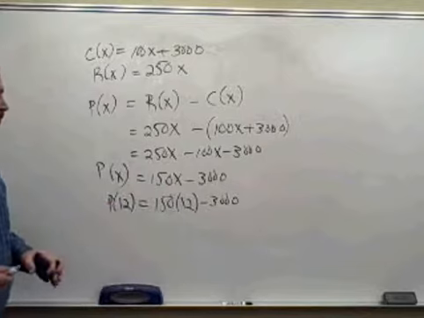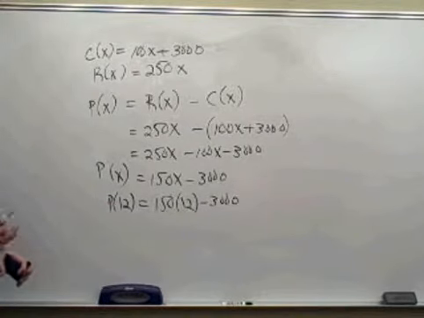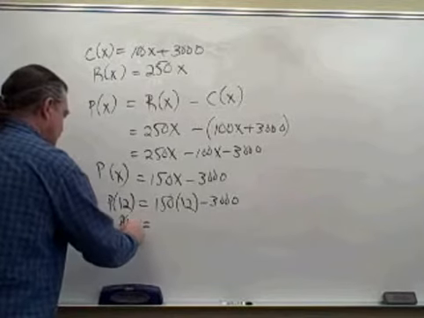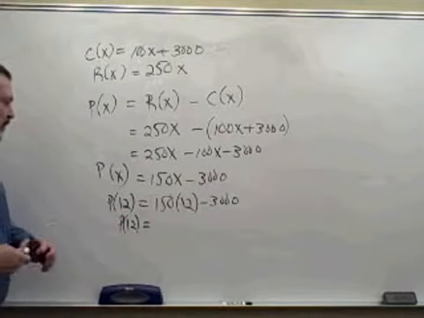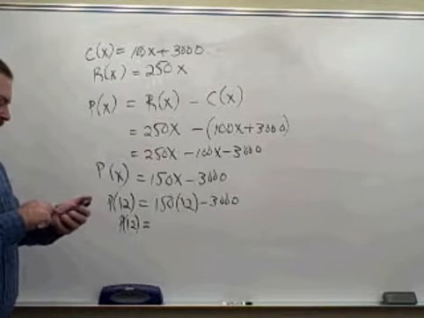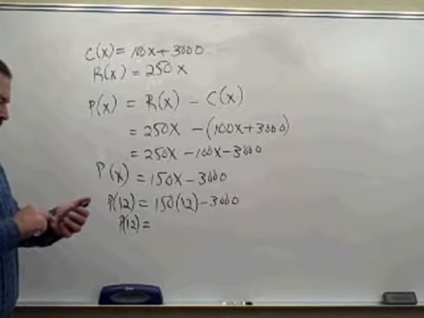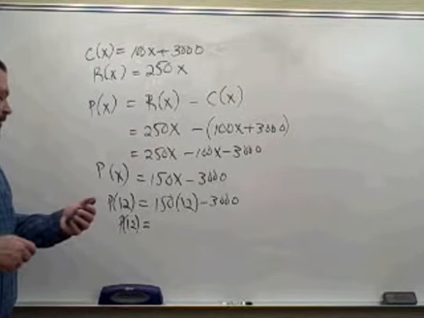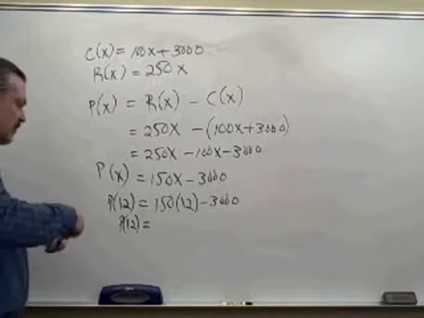X represents the number of pairs of rocket skates that we are making and selling. So what's going to be our profit if we make and sell 12 pairs? Well, 150 times 12 minus 3,000 equals negative 1,200.